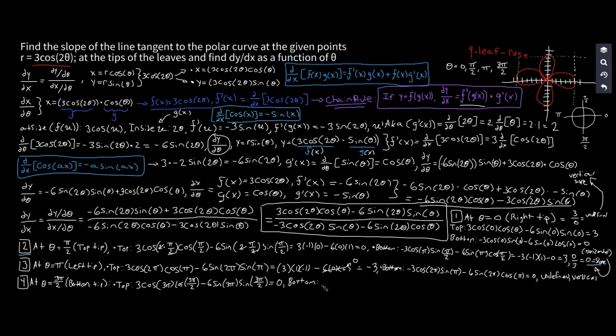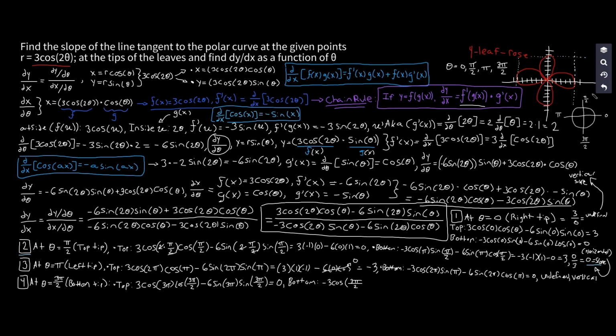And then the bottom is going to be -3 times cosine of 3 pi over 2. No, it's not.